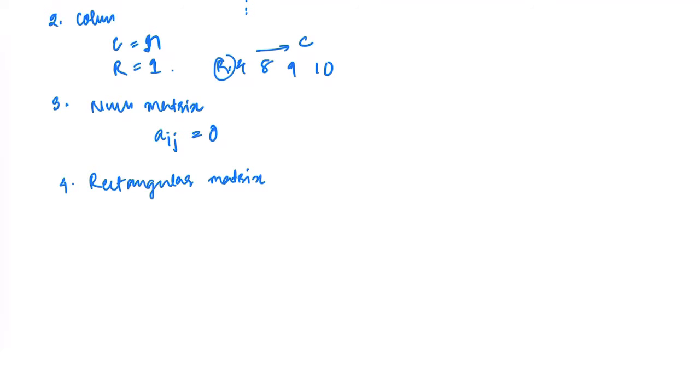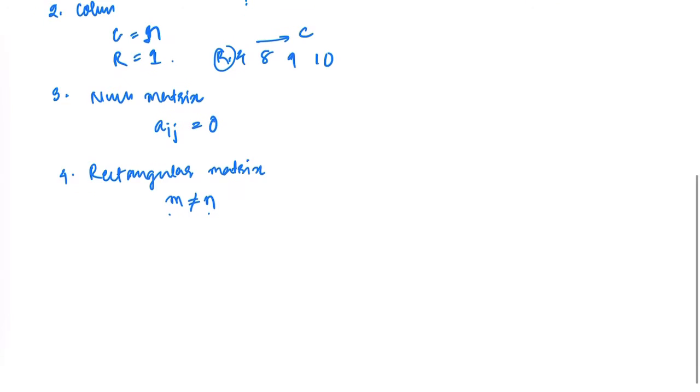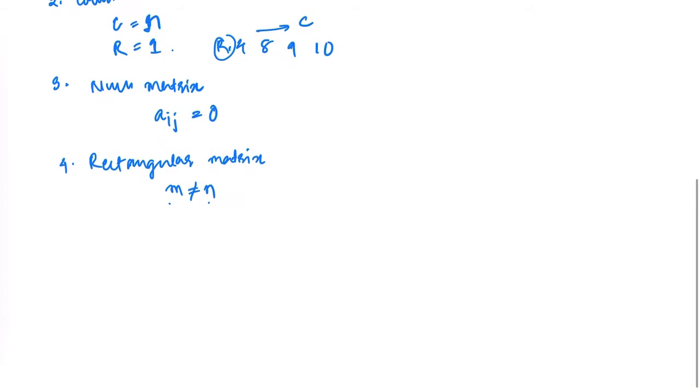How do we represent a rectangular matrix? m is not equal to n. If your number of rows is not equal to the number of columns, then we call it a rectangular matrix. Fifth, square matrix. If m is equal to n, we call it a square matrix. Okay.